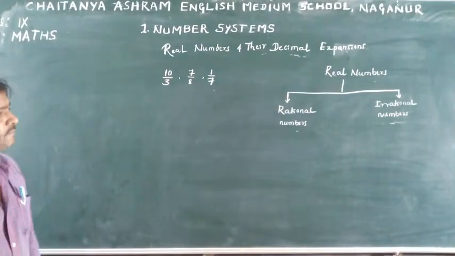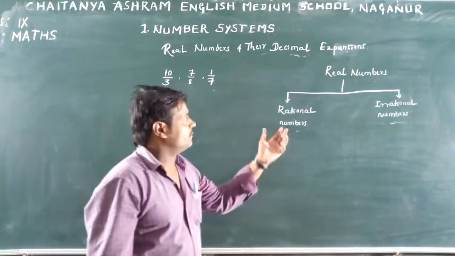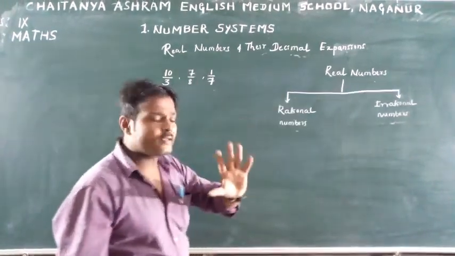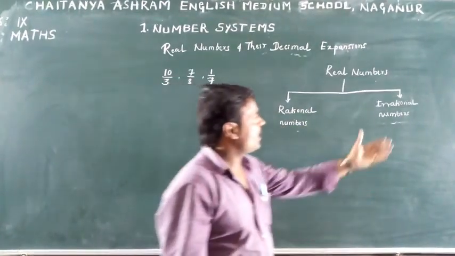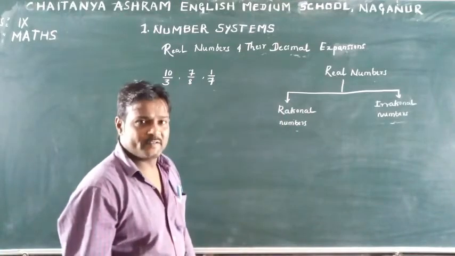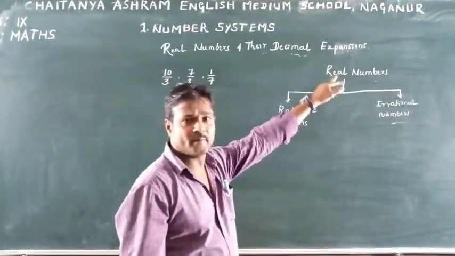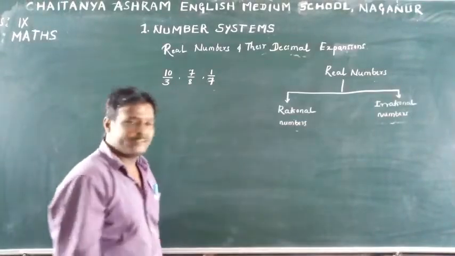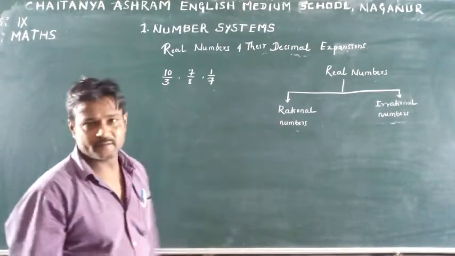Today we will study the decimal expansion of rational numbers and irrational numbers. In other words, we study the decimal expansion of real numbers. First, we study the decimal expansion of rational numbers.